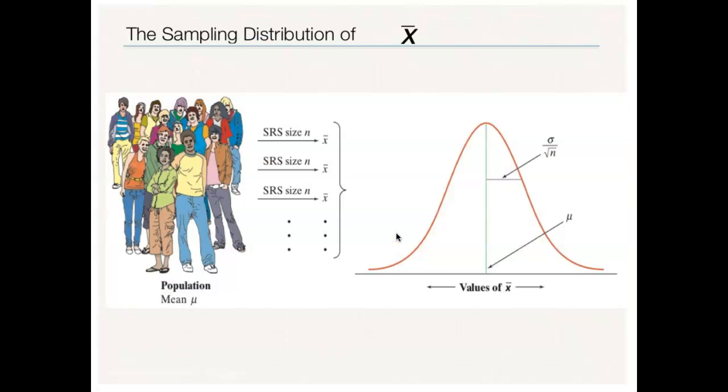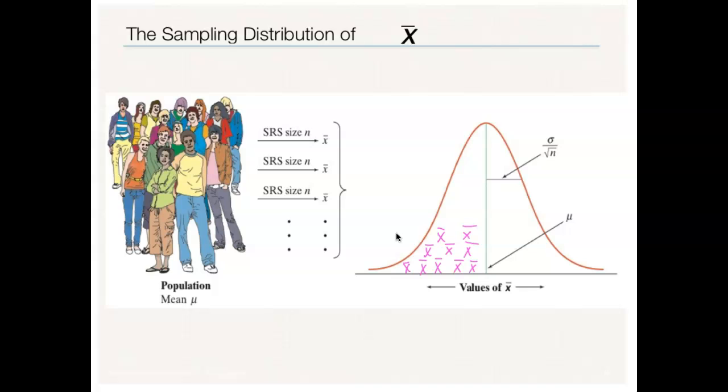So now we've summarized the sampling distribution of X bar. If we take a bunch of samples of the same size, and for each sample we calculate the mean over and over again, we have a bunch of sample means. Here's what we know about the sampling distribution. It will center over the true population mean, mu.